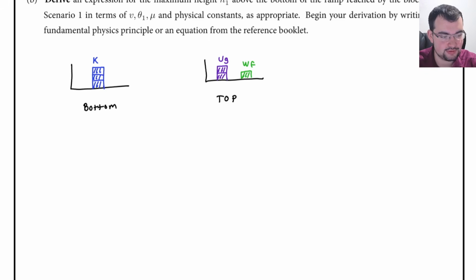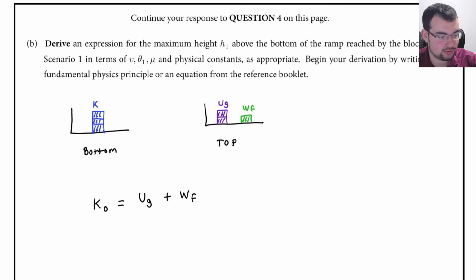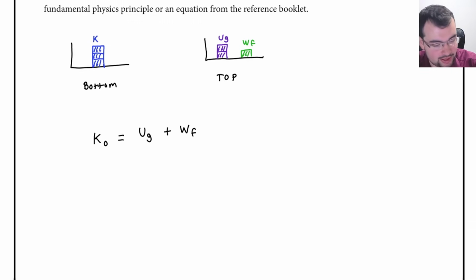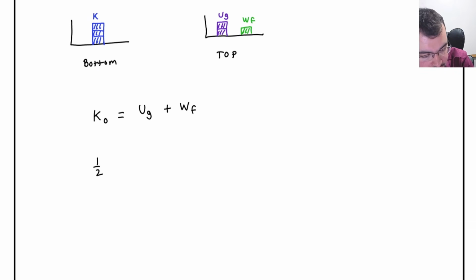Of course, if you do different signs than me, like if you just know that the work done by friction is negative, you can put that on the other side. But I'm getting something that looks like this as my energy equation if I call the work done positive. I'm just doing the actual energy bars here. So this is how I write my equation. So kinetic energy at the start is 1/2 mv squared. Gravitational potential energy is just mgh.